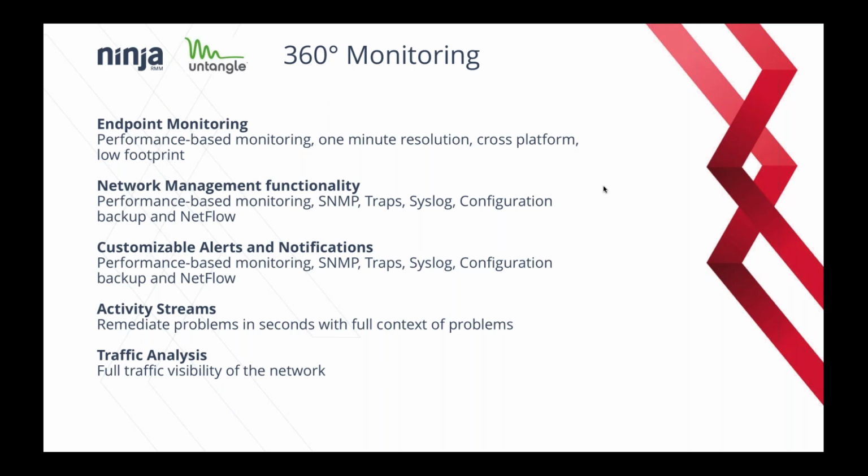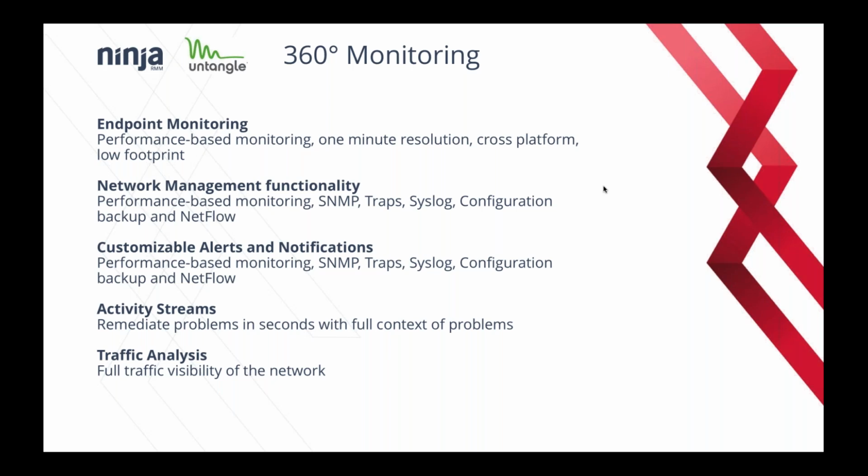Customizable alerts and notifications. This part is very important, and it looks like I have a typo here. But what that allows you to do is we have over 100 conditions with customizable thresholds. So anytime a device or an endpoint crosses a certain threshold and you want to be alerted, we give you the full power to customize that alert. And you can get notifications via both text messages or emails, whatever you like.